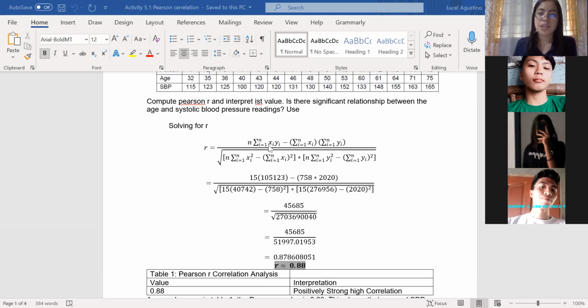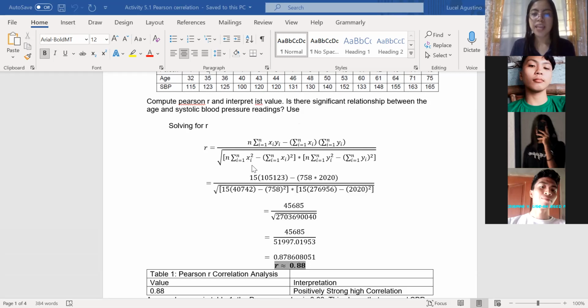So, amo na siya ang summation of xi, yi minus the summation of xi. So, i-total mo ni multiplied to summation of yi. This is naman total naman sang imo nga y which is SBP. So, multiplied mo dira over square root of and your sample size. So, we have 15.